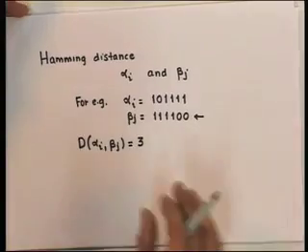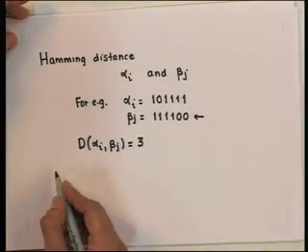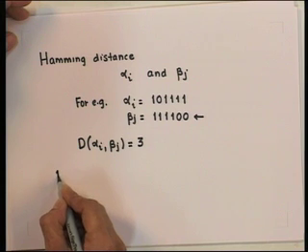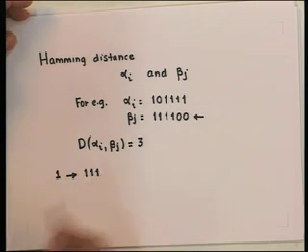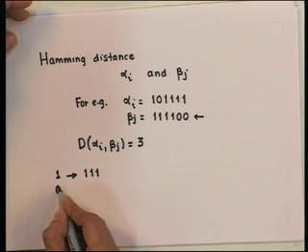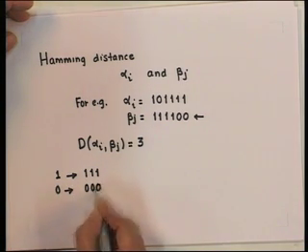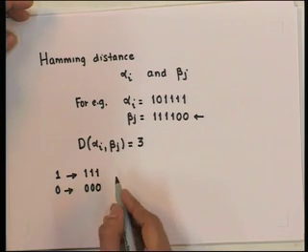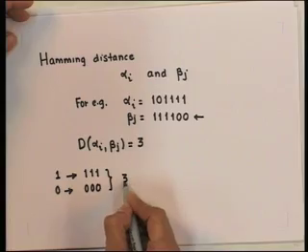So, in the case of 3 repetitions, we transmit binary 1 by 111 and binary 0 by 000. The Hamming distance between these 2 sequences is 3.